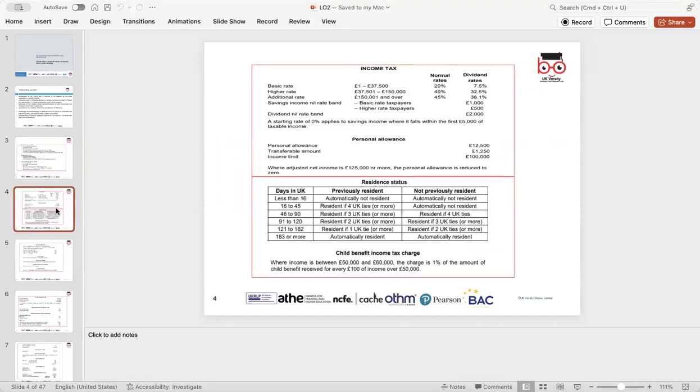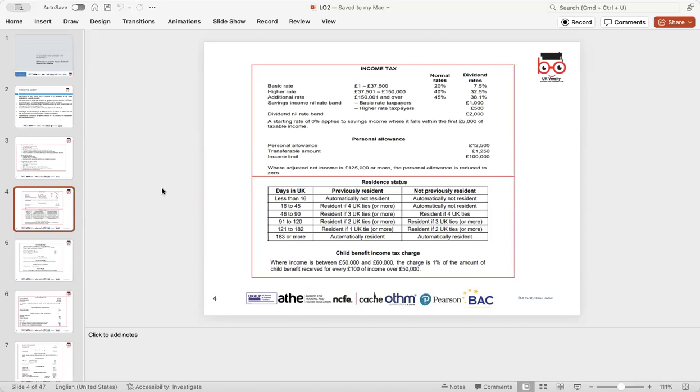So as we discussed previously, income tax is an essential aspect of personal finance that affects many of us. Income tax is the tax you pay on your income, and it's calculated based on how much you earn. The normal rate of income tax in the UK is divided into different bands, each with its own tax rate.